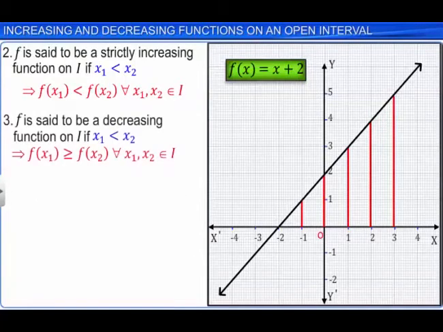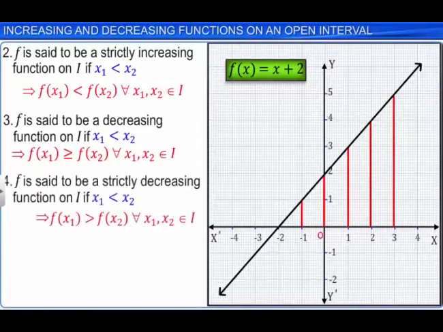A function f is said to be a decreasing function on the interval I if x1 less than x2 implies that f of x1 is greater than or equal to f of x2 for all x1, x2 in I, and f is said to be a strictly decreasing function on the interval I if for every x1 less than x2 we have f of x1 greater than f of x2 for all x1, x2 in I.